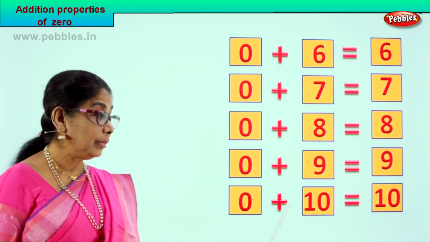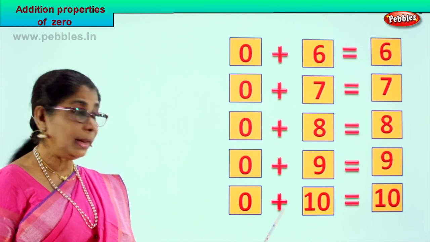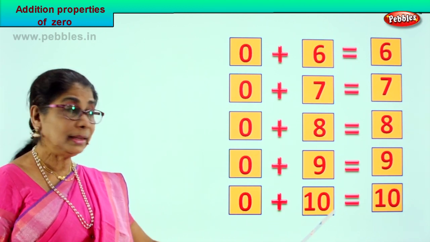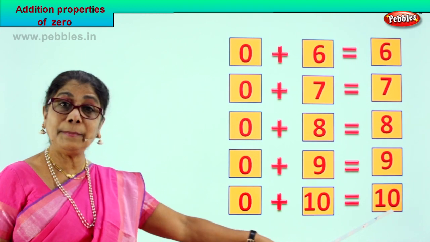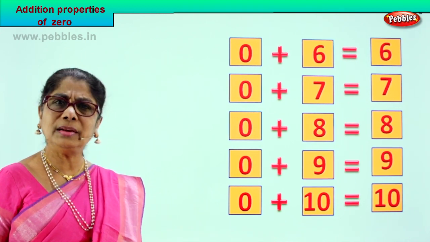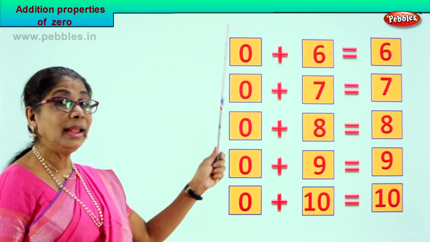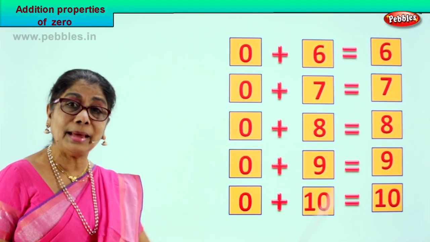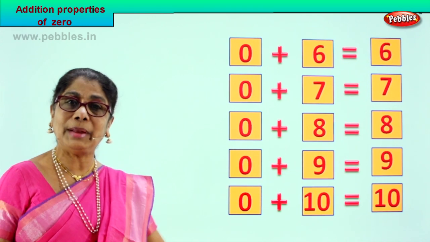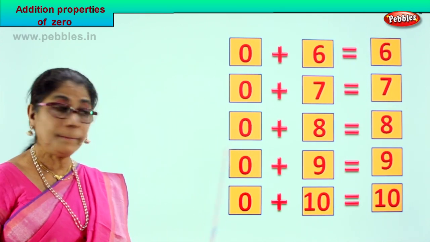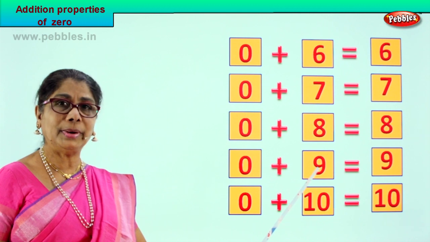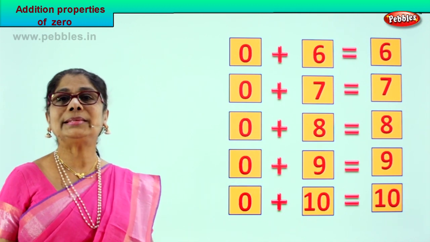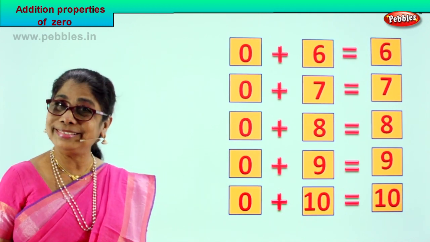Read with me. 0 plus 10 is equal to the number 10 itself. What did we learn here? We learned 0 plus any number is equal to the same number. Good. Did you learn?